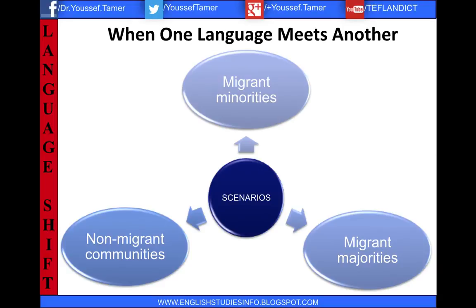So we can have these issues of language shift and language maintenance. So these are the three kinds of situations and scenarios where we can have this issue of language contact, and therefore these concepts of language shift and language maintenance, language revival, vitality, and maintenance. We're going to have a look at each one of those. Okay?